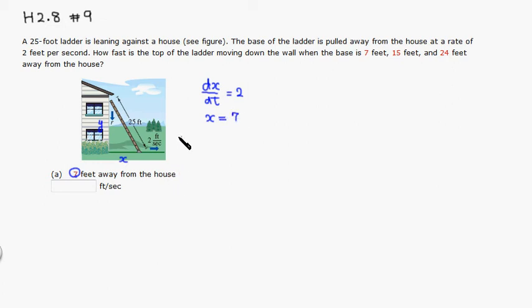Then we can find the y value using the Pythagorean theorem. If you look at the triangle, this is a right triangle, so the base is x, the height is y, and the ladder is 25 feet.